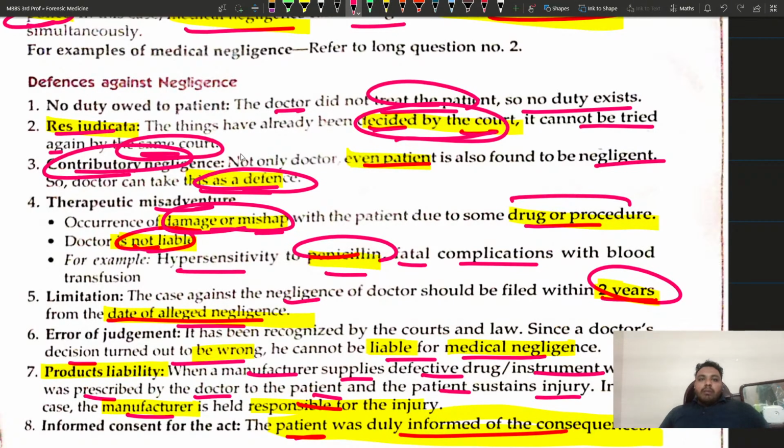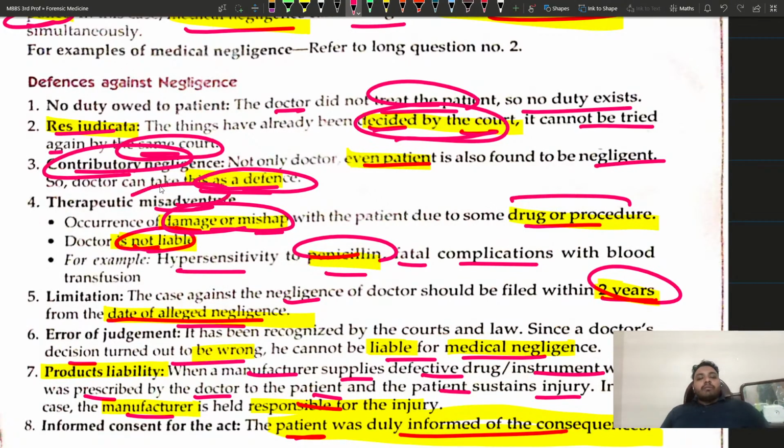You counter that, no? But during this entire scenario, there can be some damage. So in therapeutic misadventure, there is an occurrence of damage or mishap to the patient due to some drug or procedure, some mishap happened, and damage was done.